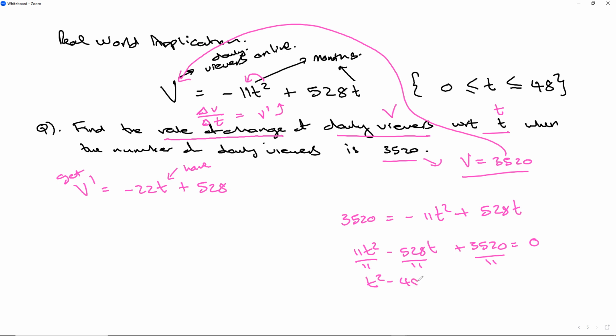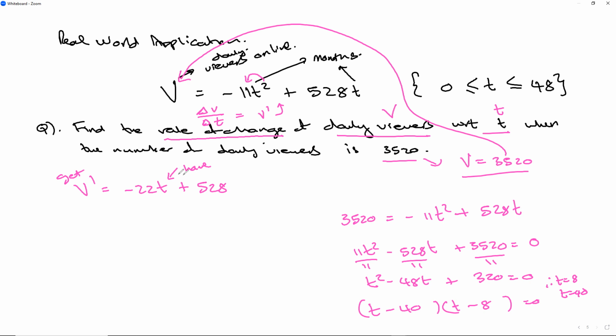This will become t squared minus 48t plus 3520 divided by 11, which is 320, and then factorizing that becomes t minus 40 and t minus 8. So therefore t equals 8 and t equals 40.